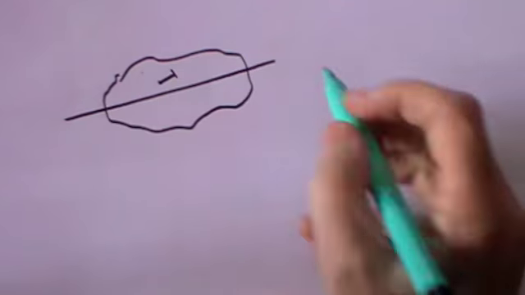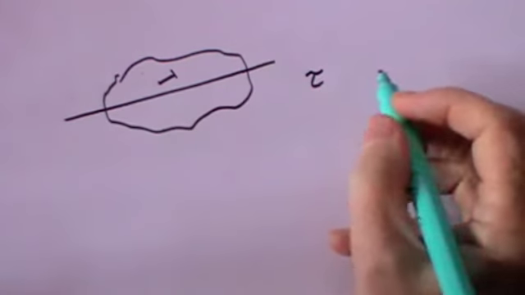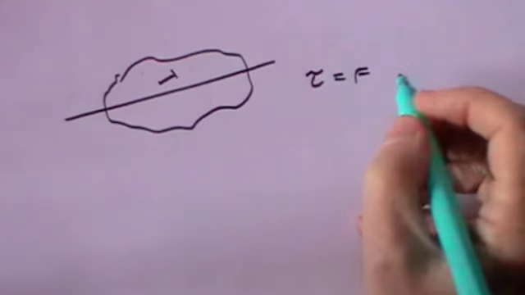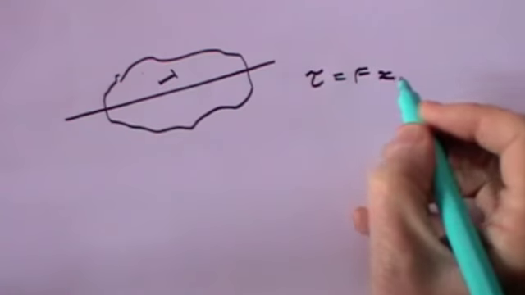For 2 dimensions, we said that the torque was equal to the force times the distance of the force from the pivot point.